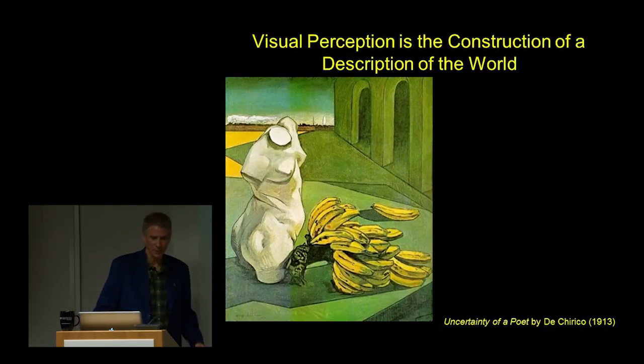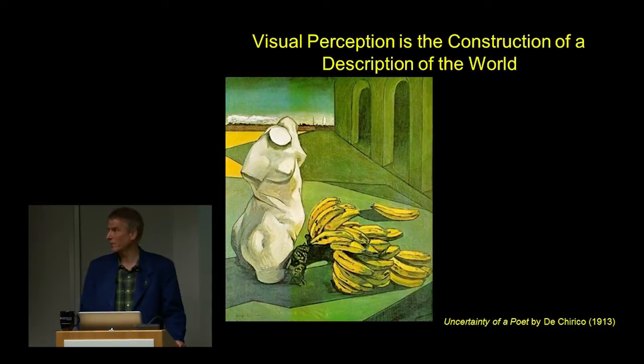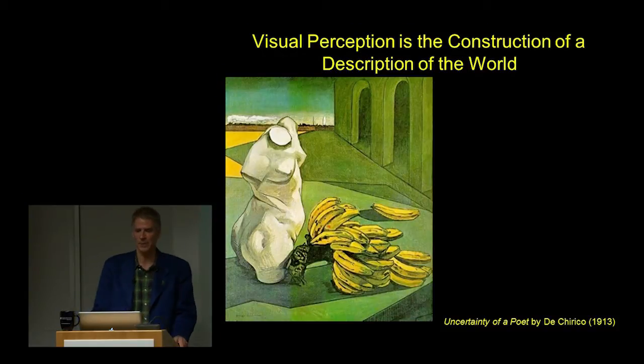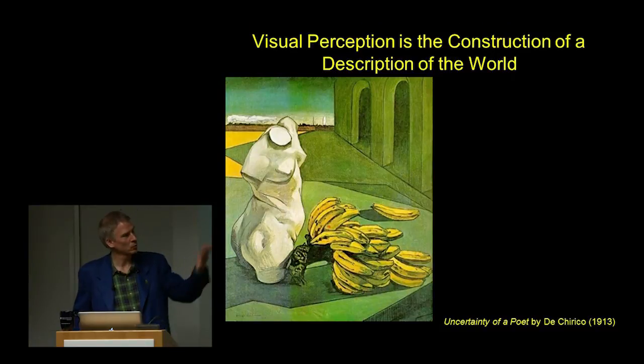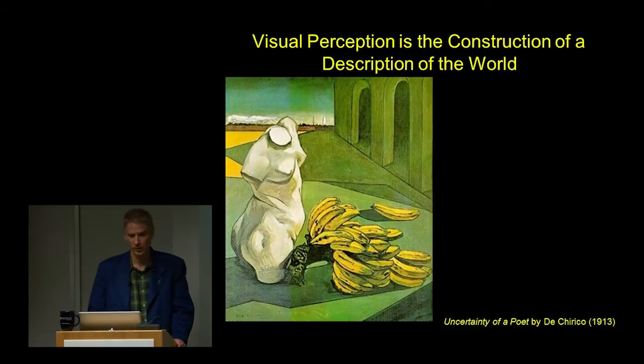Ultimately, if you think about what visual perception involves, the best way to think about it, the way I think about it, is to paraphrase what David Marr, a famous theoretician of vision, said: that visual perception is really the construction of a description of the world. So we look at this painting by the early surrealist de Chirico, and we infer something about the world.